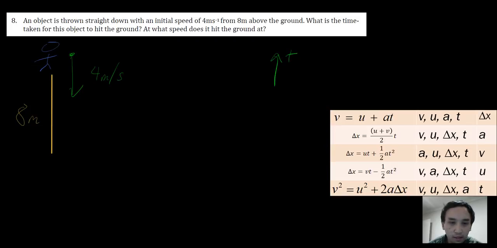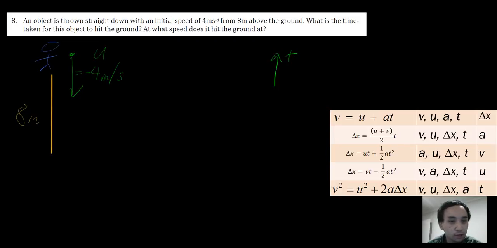It means that this initial velocity, so u value, is equal to negative 4 meters per second, just because we're treating upward as positive. So the speed here is just telling you the size of this velocity, but the negative here tells you that it's going downward. Now, let's see what else we got.